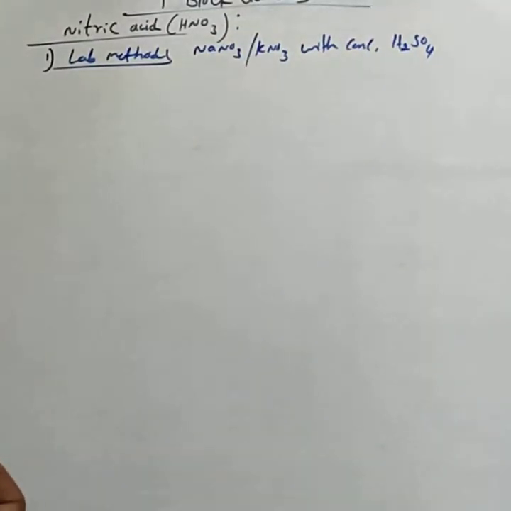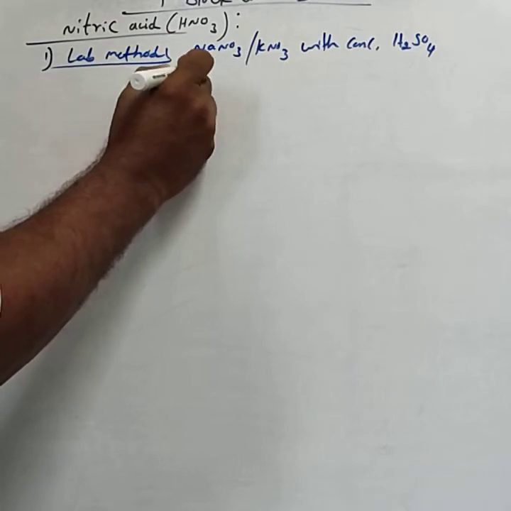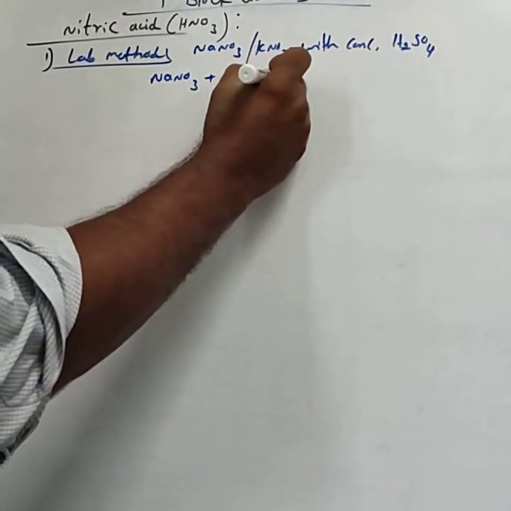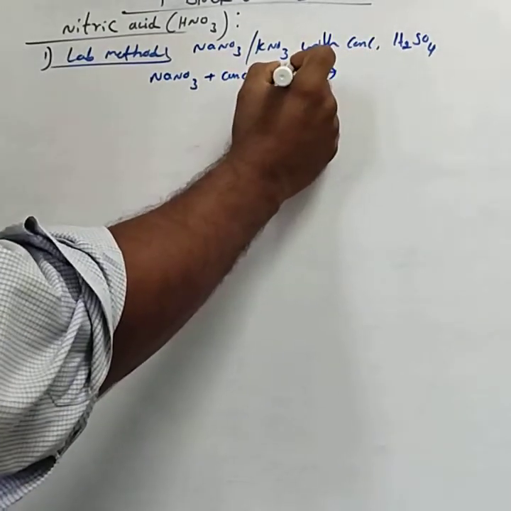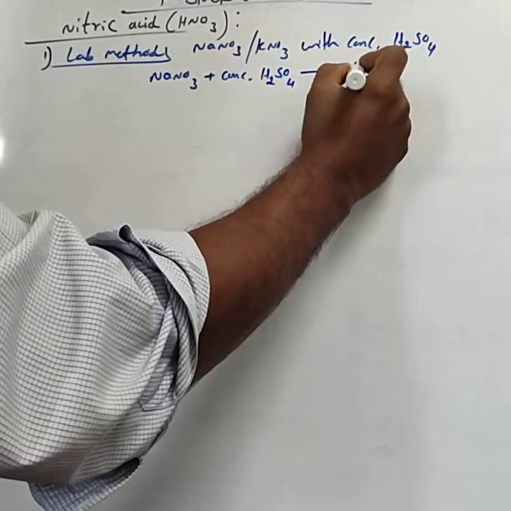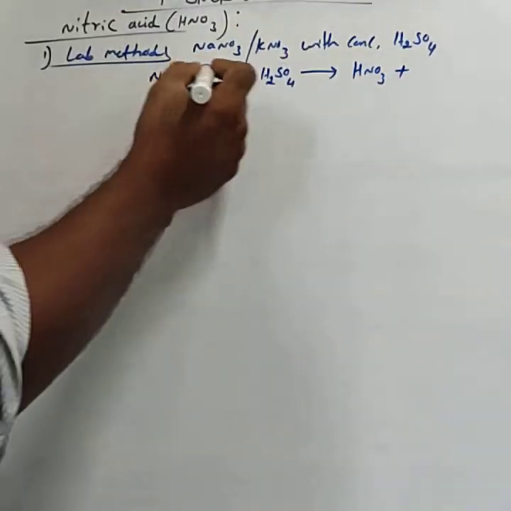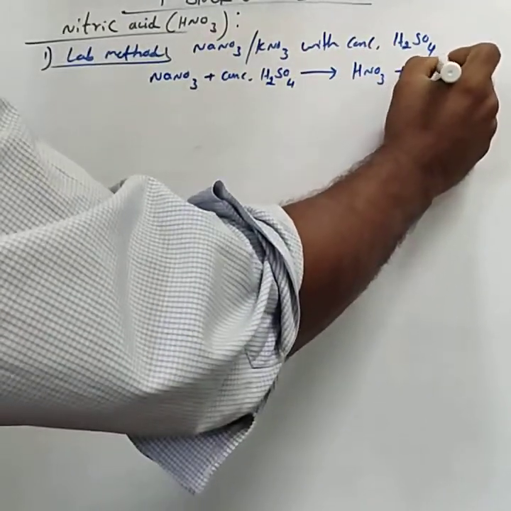The reaction is NaNO3 plus concentrated H2SO4 forms HNO3 plus Na2SO4.